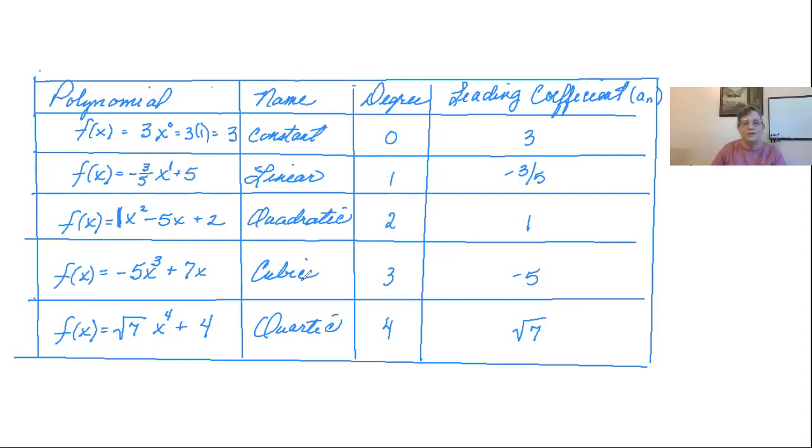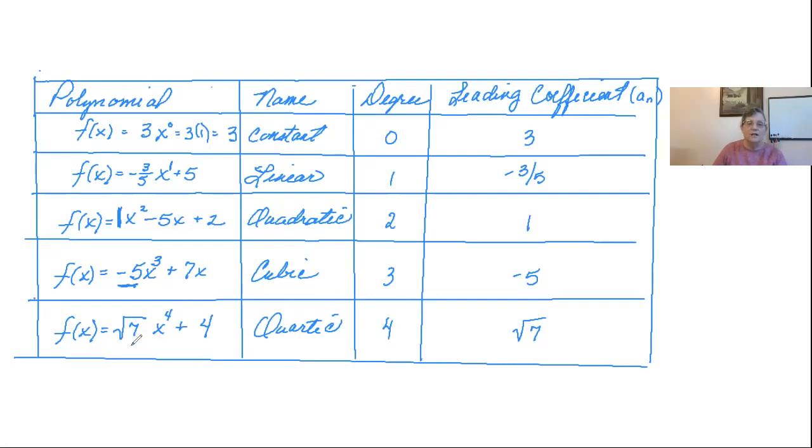Here's a cubic function that has an x cubed as its biggest exponent, so the degree is 3. In this case, the leading coefficient is the negative 5. An x to the 4th is called a quartic. Of course, it's 4th degree.